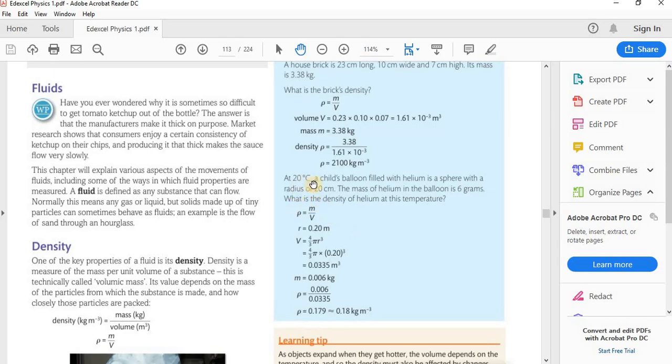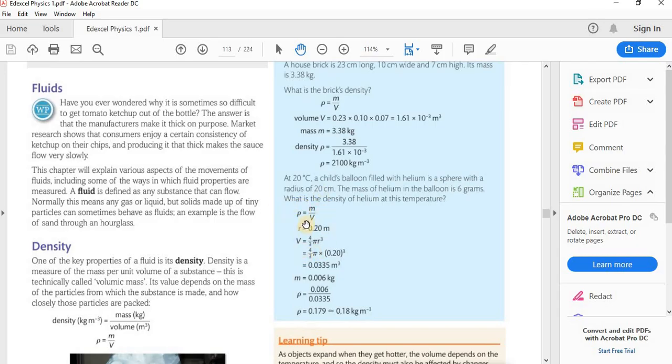Okay, they have given us the temperature because the volume can also change with temperature. If the temperature is high, the volume will also be high because materials expand when the temperature increases. Okay, and you can see here it's a sphere of radius 20 centimeters.